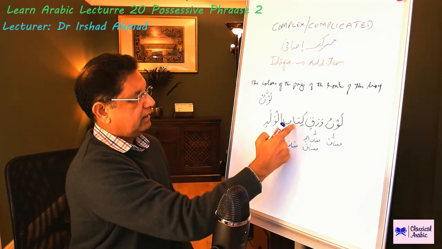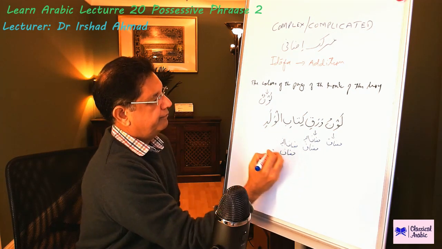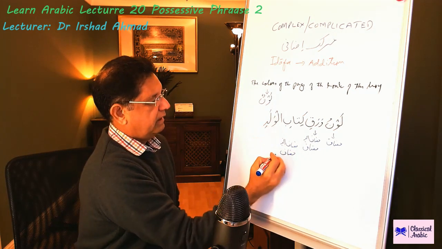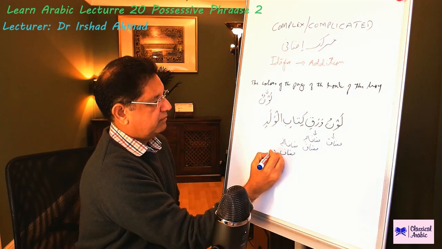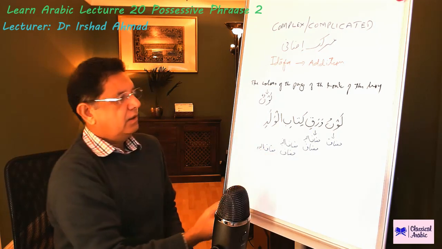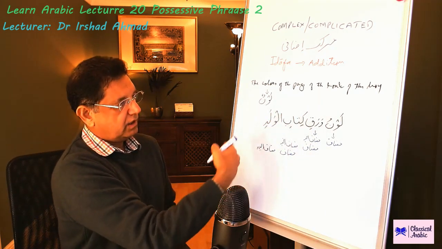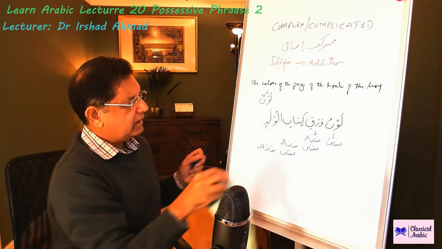And then kitab is mudaf for waladi, and then al waladi or walad is mudaf ilayh. So this is just a combination of mudaf, mudaf ilayh, mudaf, mudaf ilayh, mudaf, mudaf ilayh.